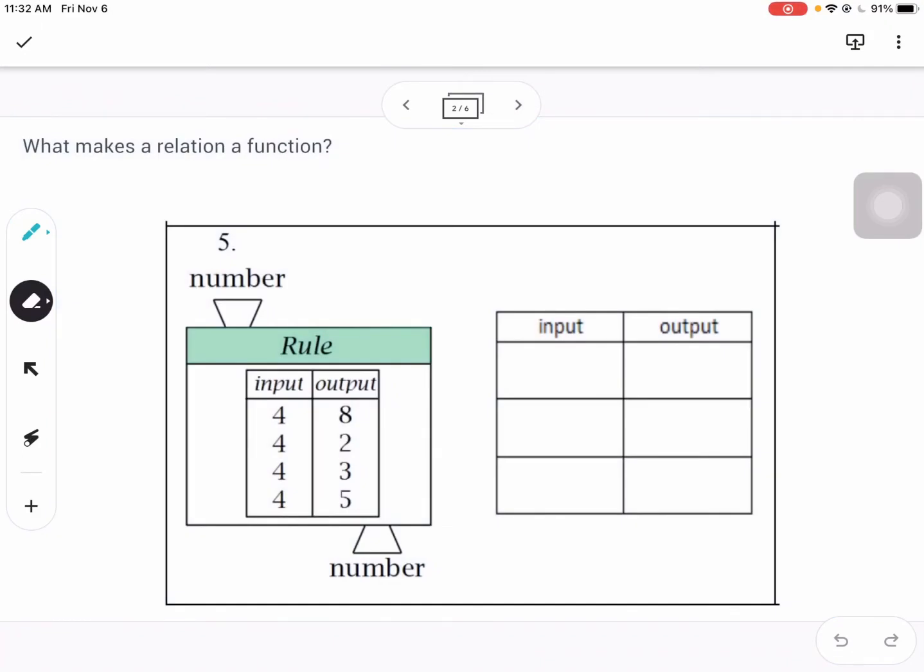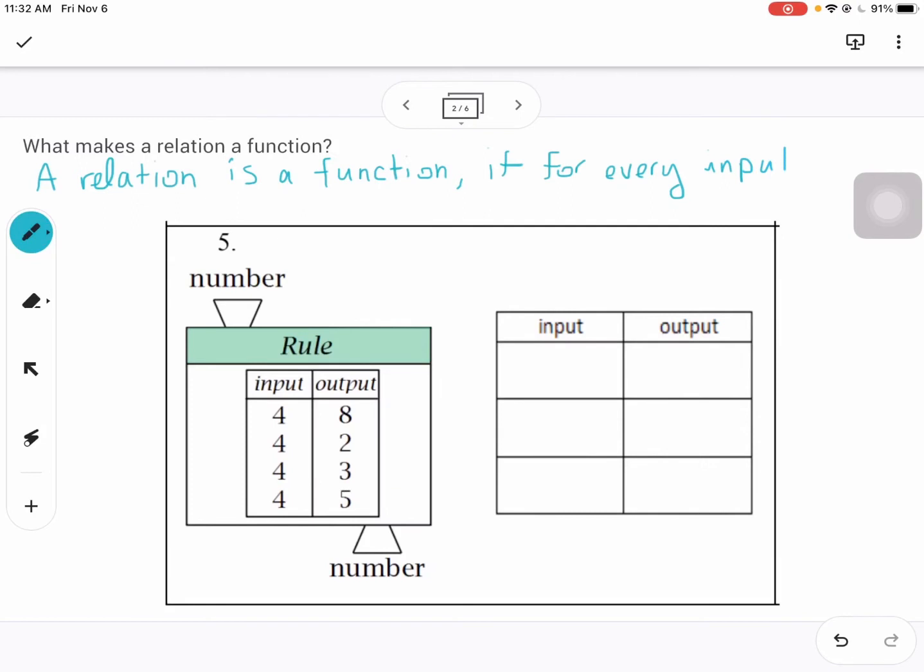So the question for today is, what makes a relation a function? A relation is a function if for every input x, there is exactly one output y.